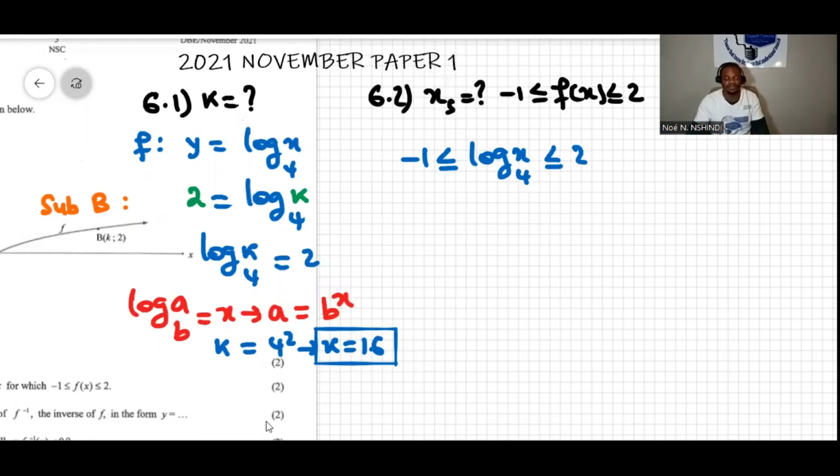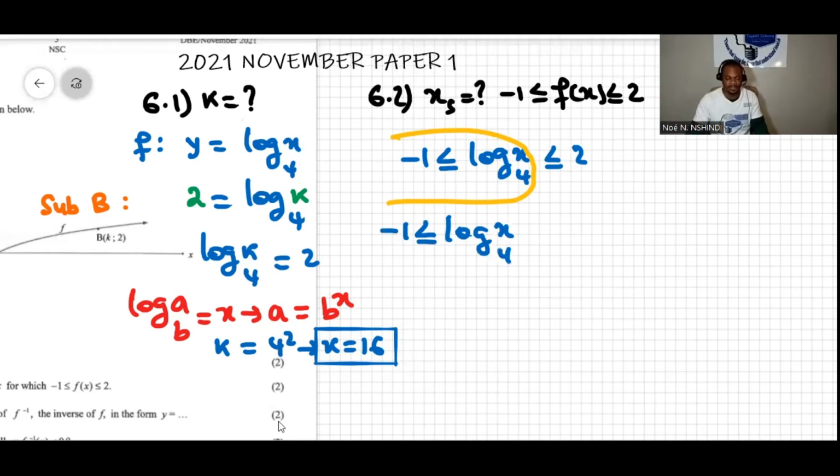Now let's first compare the first part. Let's take this one first. This will be like if I say -1 is less than or equal to log of x base 4.